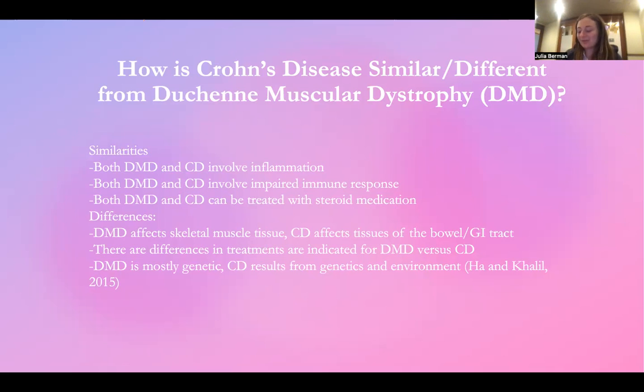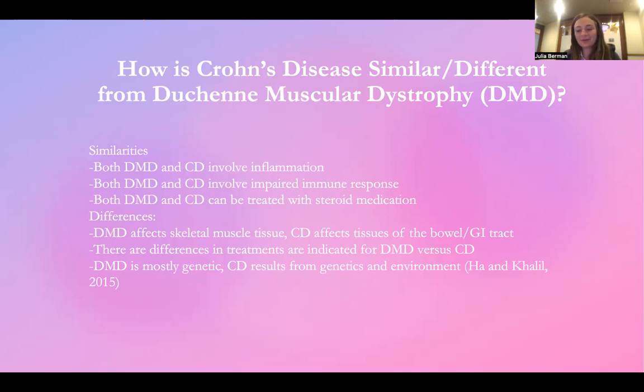And in addition to the similarities, there are many differences. DMD affects the skeletal muscle tissue, while Crohn's affects the bowel and GI tract. There are differences in treatments indicated for DMD versus Crohn's.